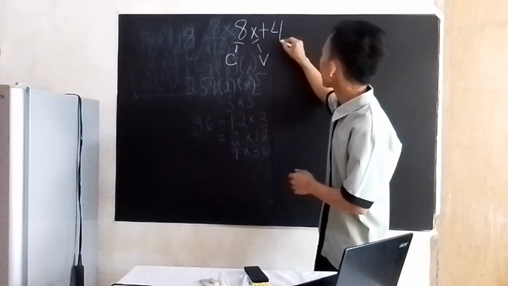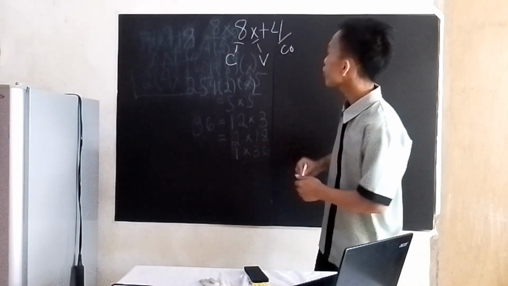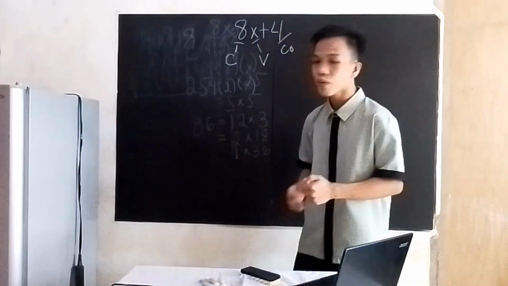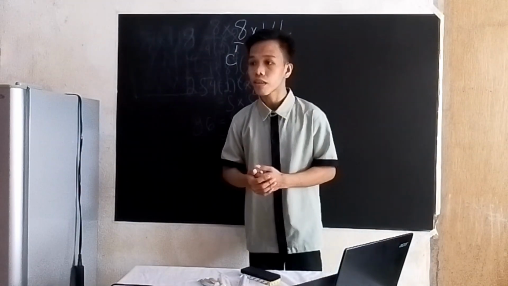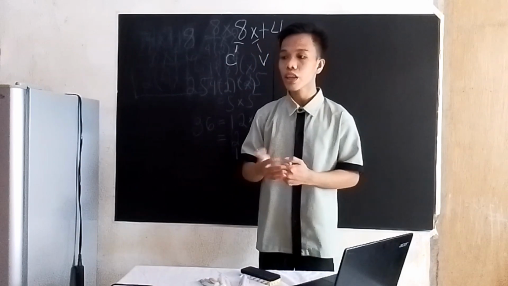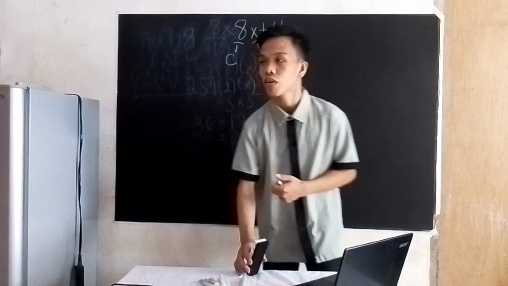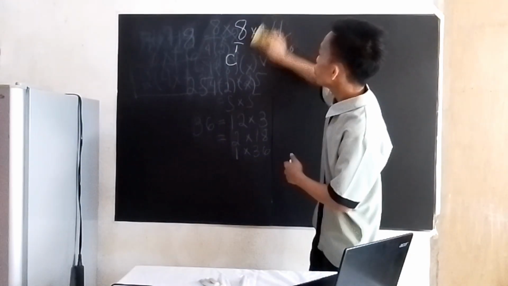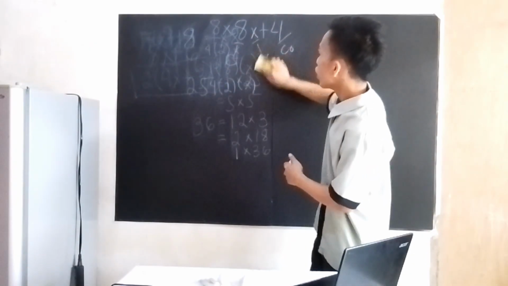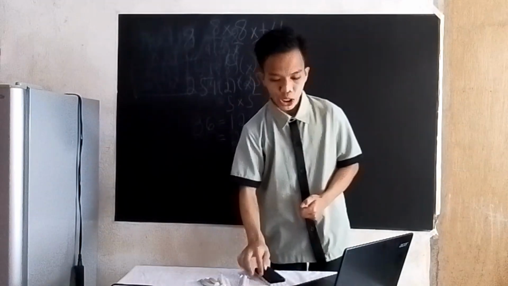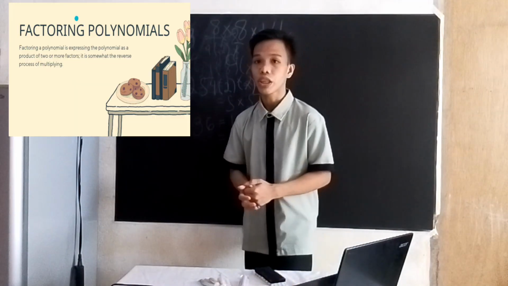That's right. That is the constant term. Are we clear with factoring and polynomials? Do you have any questions about that? None. So, let's proceed to our main topic, which is factoring polynomials.